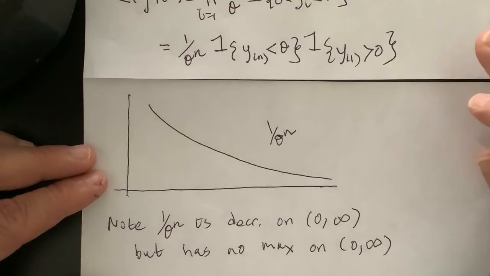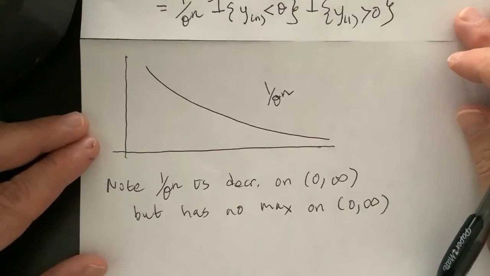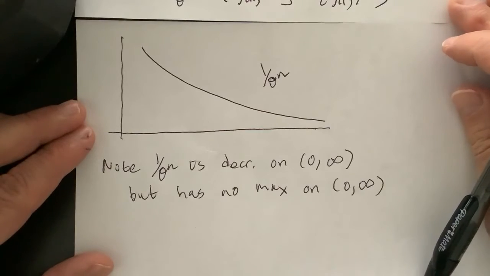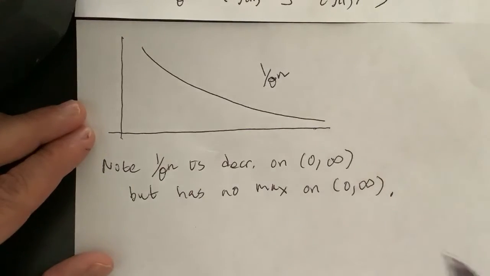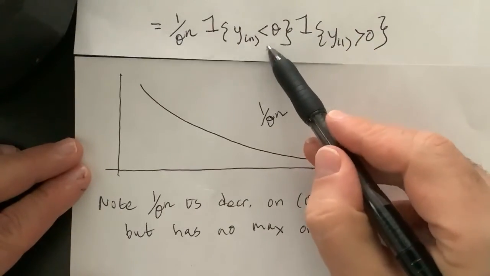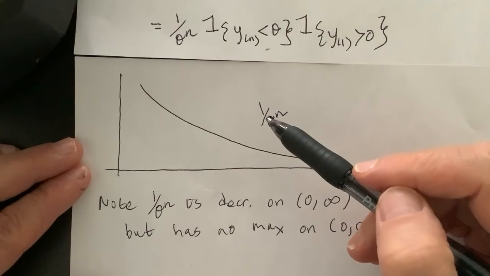However, can theta go to 0? Can it be arbitrarily small? No, because of this restriction. It must be bigger than the maximum sample.